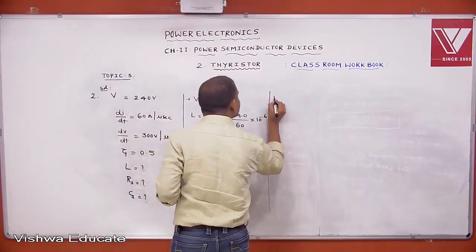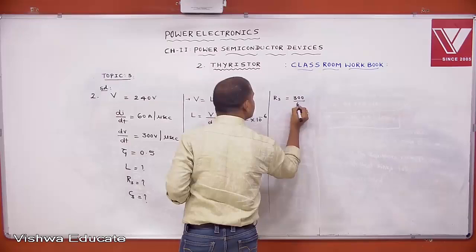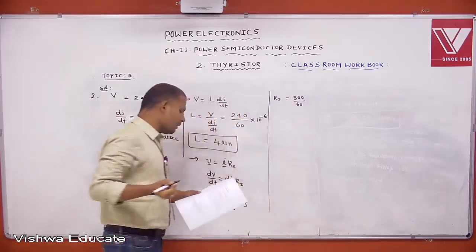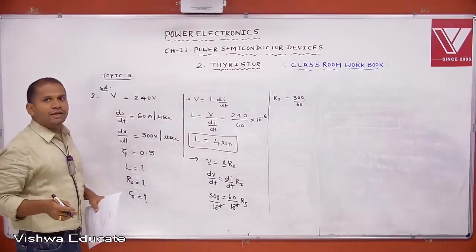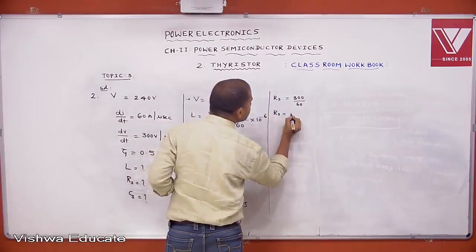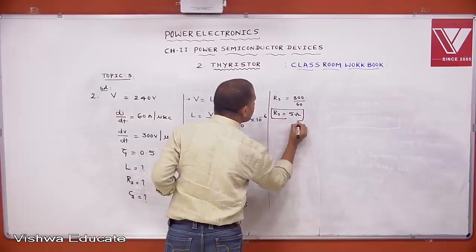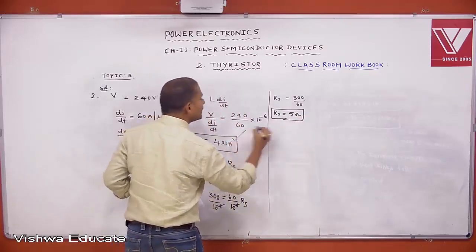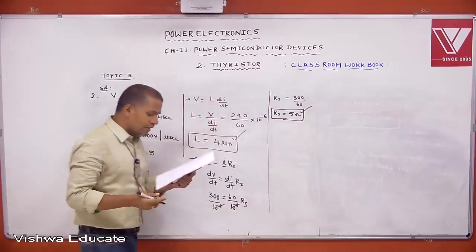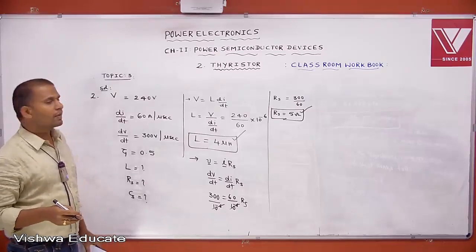Then Rs equal to 300 by 60. Then how much Rs can we get? This is the snubber circuit resistance, equal to 5 ohms. This is the inductance and this is the snubber circuit resistance. Rs equal to 5 ohms.